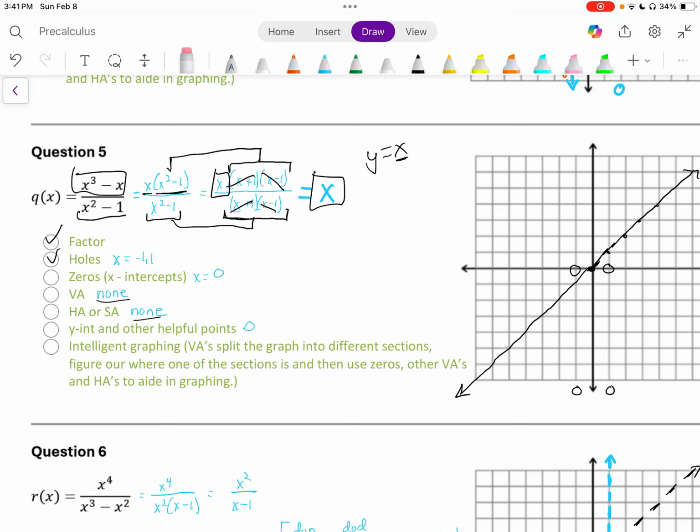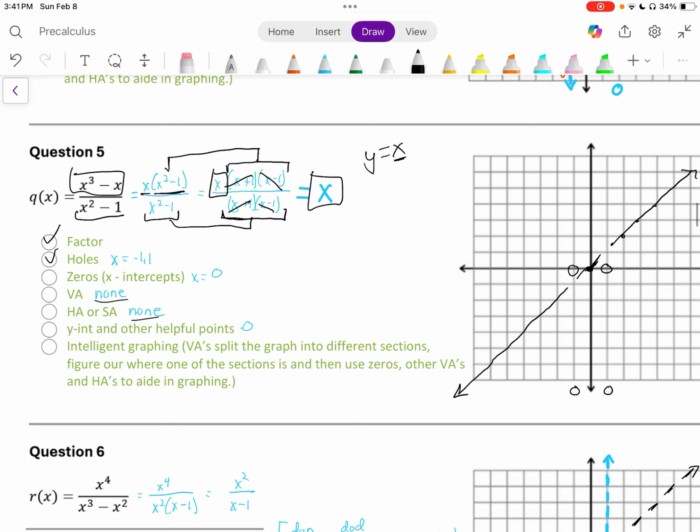So we get our eraser, and when x equals 1, we put a hole, and when x equals -1, we put a hole. And so our graph turns out to be a line with 2 holes in that line. And as I said before, I do like to get rid of these holes. So the graph is simply a line with 2 holes in it.